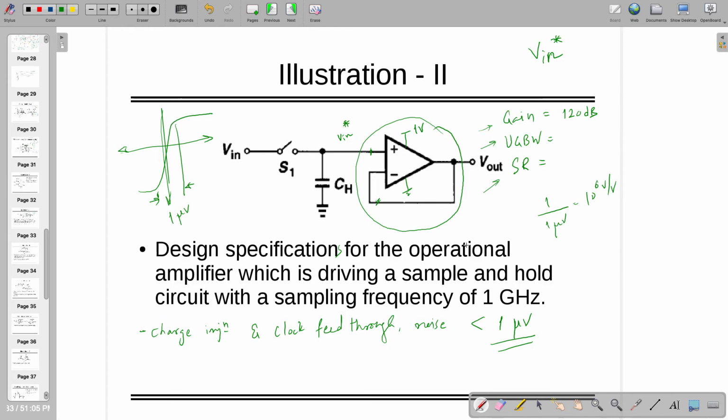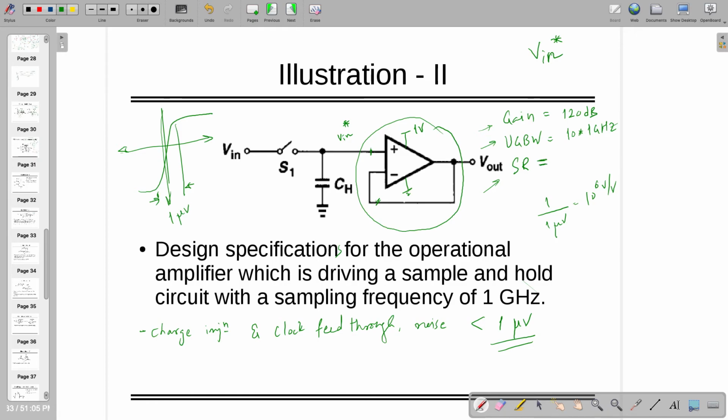Maybe the input is at least twice smaller than what we have, right? So input might be 0.5 gigahertz, or maybe lesser than that. It cannot be more than that. So UGBW is at the higher end, so at least 10 times what you are requiring. We are making some budget.